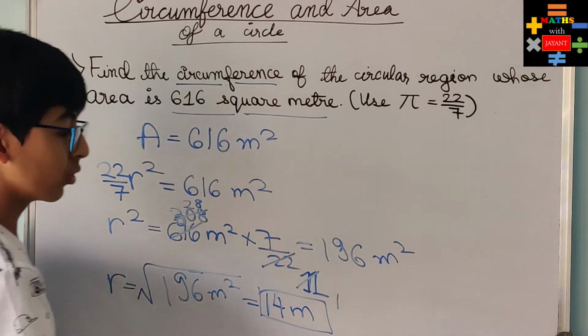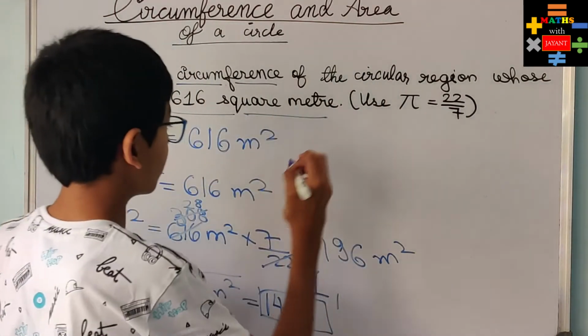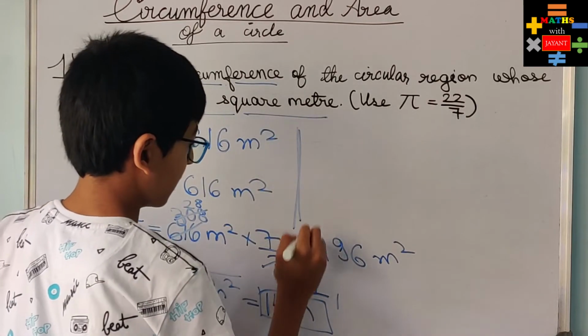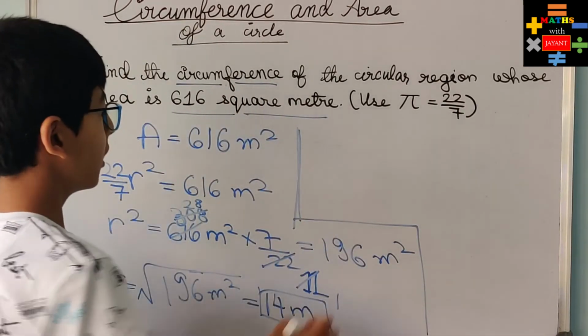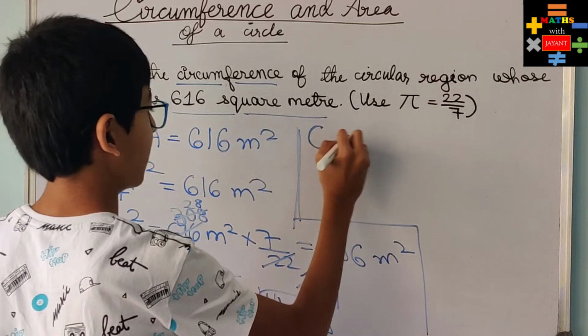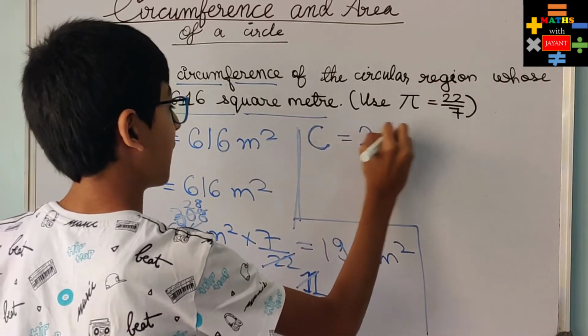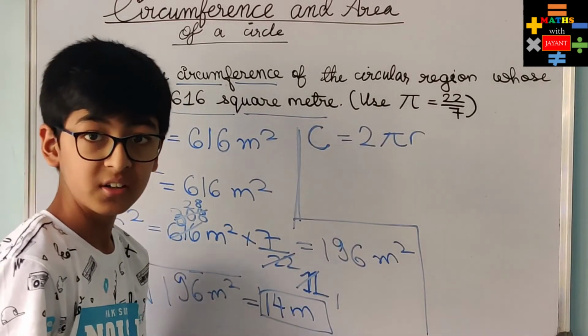Is our question over? No. Our main thing is to find the circumference. So our circumference's formula is equal to 2 pi r, right? Agreed?